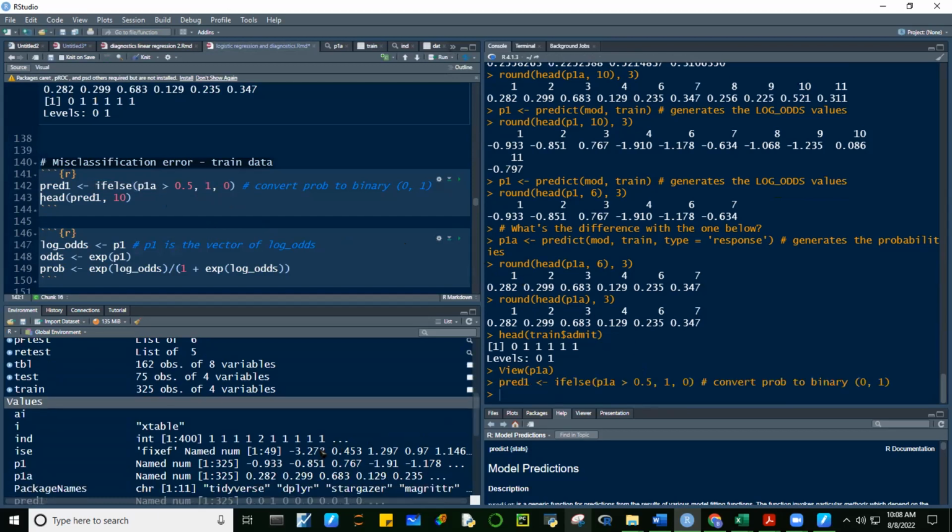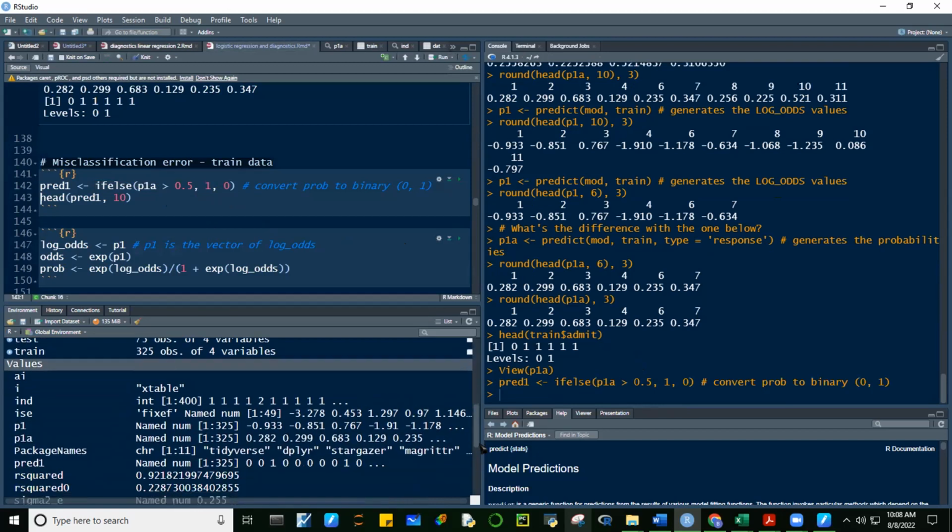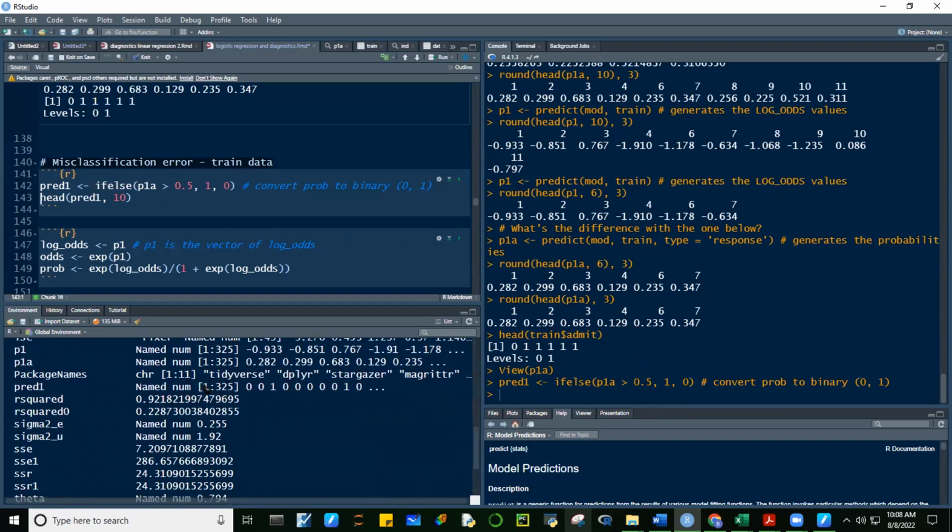Let's take a look at pred1. It's a vector. Look, guys: 0, 0, 1, 0, 0, 0, 0. It converted everything less than 0.5 to 0 and greater than 0.5 to 1.